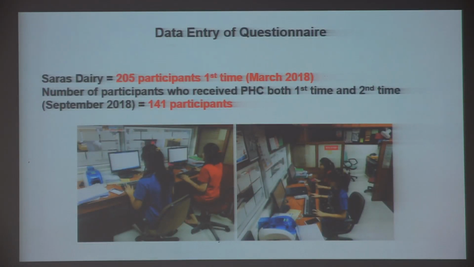The first time, in March 2018, there were 205 participants. However, at the second time, out of 205, 145 came, and 64 people didn't come back for the second survey. And the questionnaire data was entered by Biyani students and all the support.